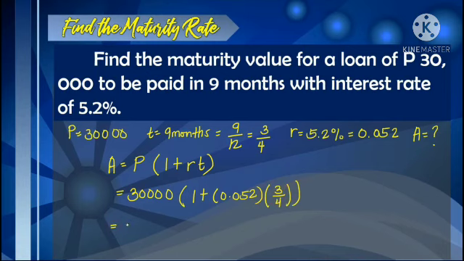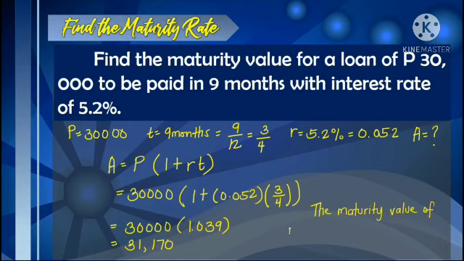Simplifying this, we have 30,000 times 1.039. So this is equal to 31,170 pesos. And this means that the maturity value of the loan is 31,170 pesos.